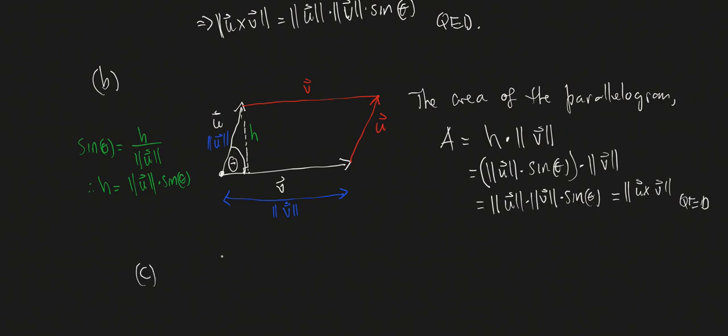For C, it says that if the two vectors are parallel, then the cross product has to be equal to 0, right?